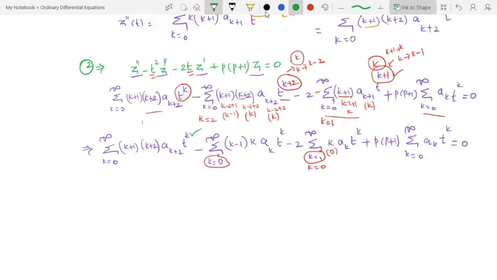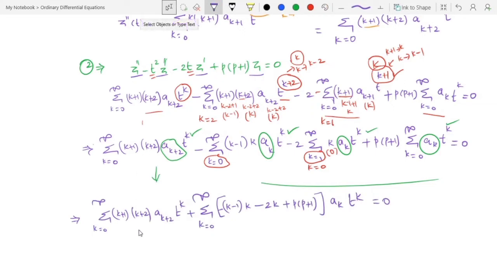T power k is common to all the terms. Note the point. Here coefficient a suffix k plus 2. Here coefficient ak. Here also ak. The same is repeated. So combining the last three and write the first one as it is.